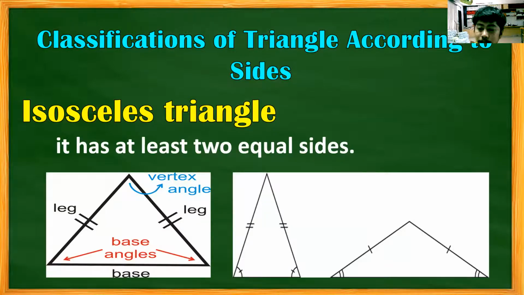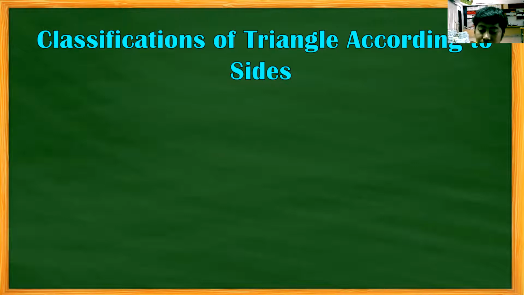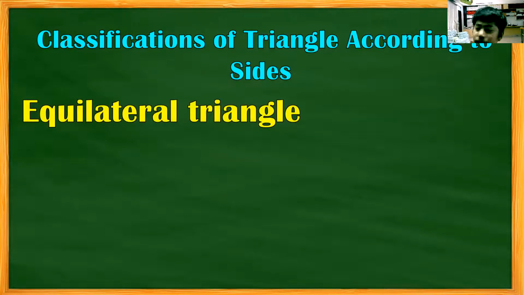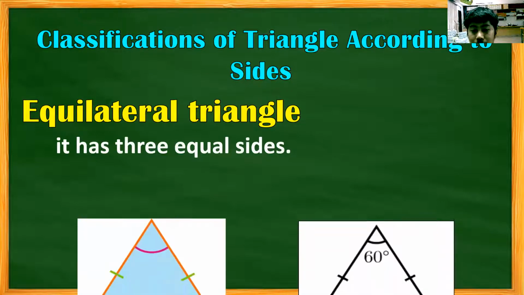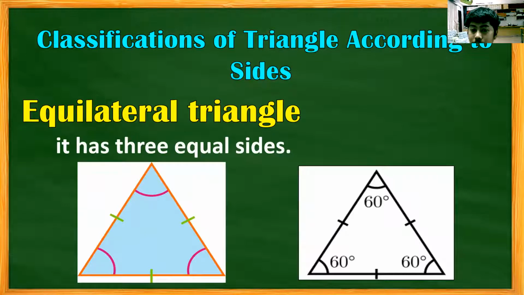Next kind is equilateral. What do we say about an equilateral triangle? It has three equal sides. Therefore, all sides of this triangle measure the same as another. Just like this one. This equilateral triangle is also an equiangular triangle because all sides of this triangle are equal.